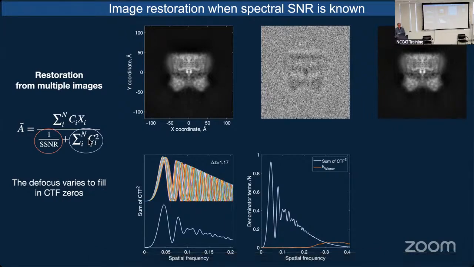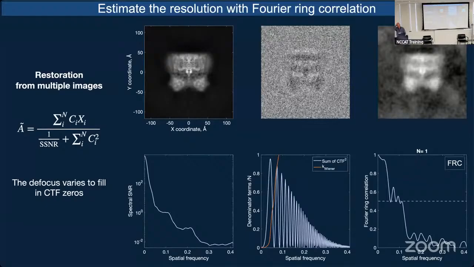Now there's a fancier and actually better way to get the SSNR, and that is to do a Fourier correlation. The idea here is I have some good estimate of what the original object was, and I have my reconstruction, and I take the two Fourier transforms and I ask how well do these match. I do a so-called Fourier ring correlation.